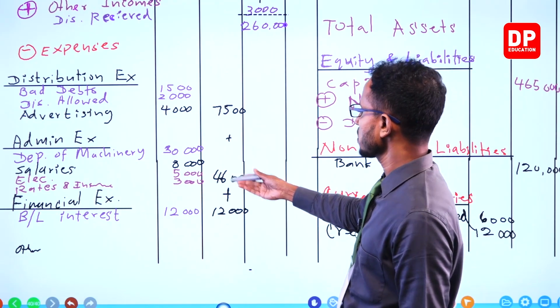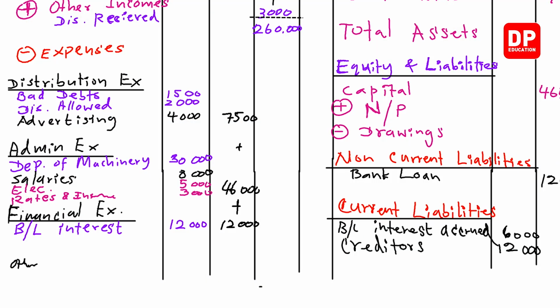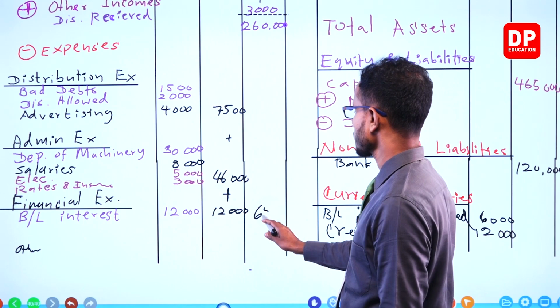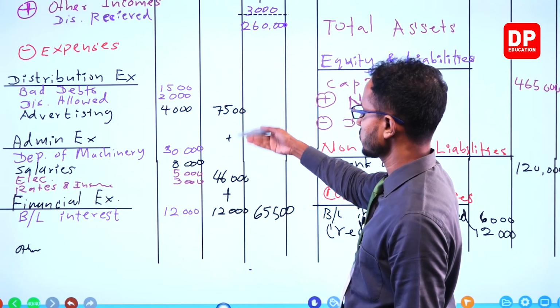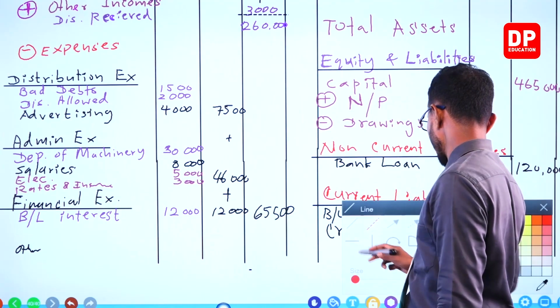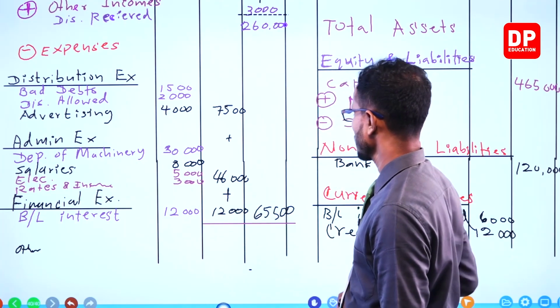46,000 plus 7,500, 53,500 plus 12,000, 65,500. That is the total, the addition of these three. 65,500.